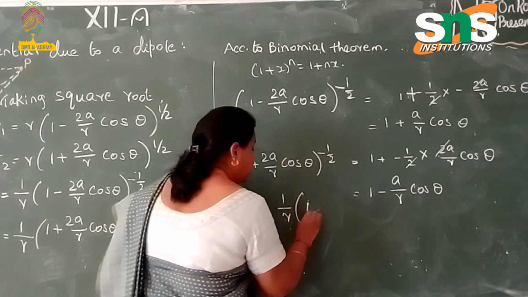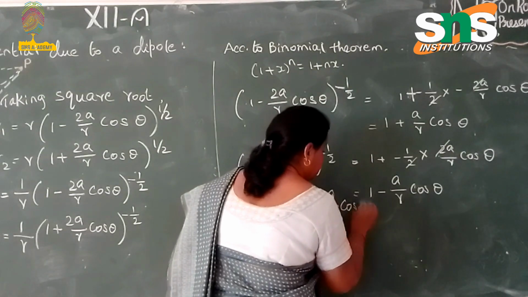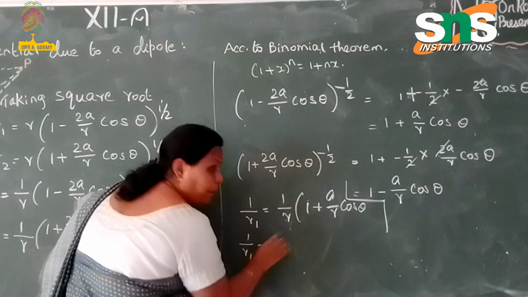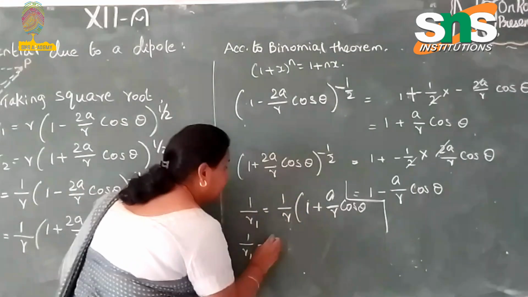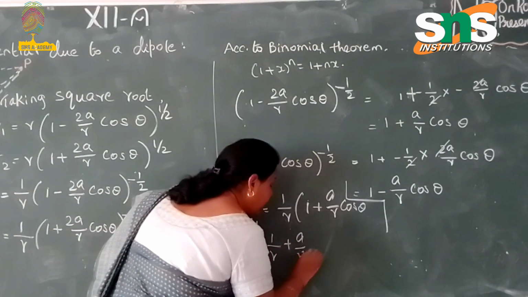1 by r into (1 plus a by r cos theta). In my next step, I am taking this 1 by r inside. So it will be 1 by r plus a by r square cos theta.